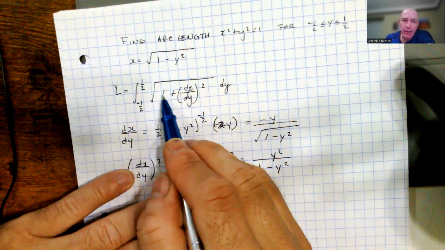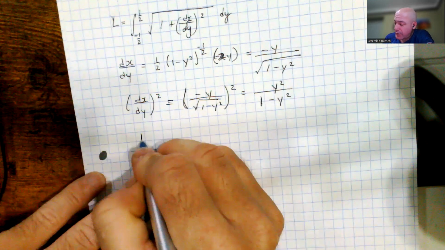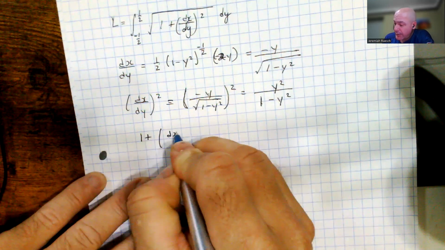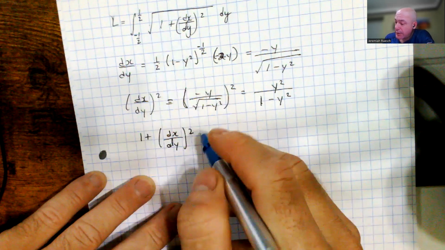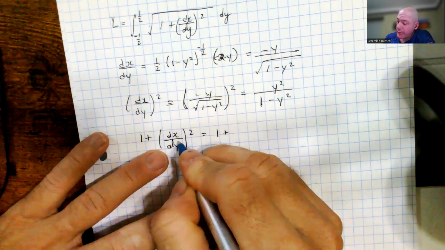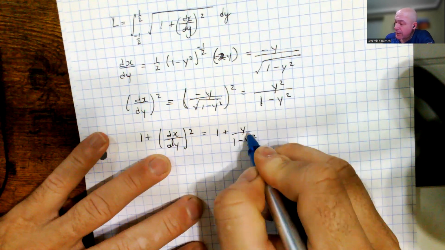Now let's go ahead and throw in the plus 1 there. So 1 plus (dx/dy) quantity squared is everything under there. We're going to have 1 plus y squared over 1 minus y squared.